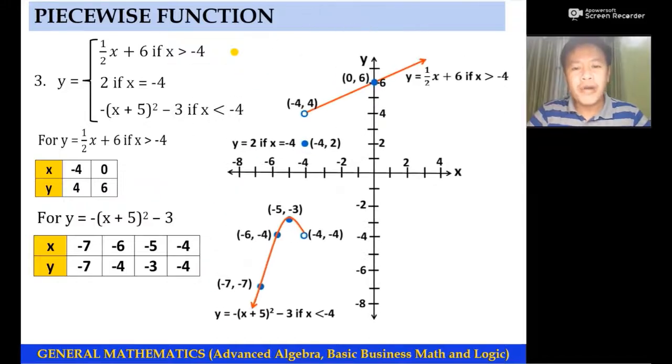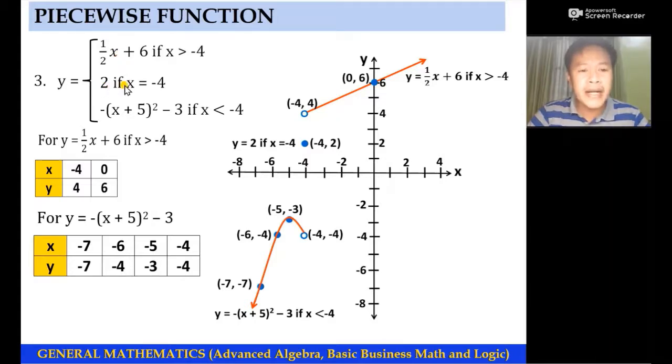This is the graph of the piecewise function given by y is equal to 1 half x plus 6 if x is greater than negative 4. And the second subfunction is y is equal to 2 if x is equal to negative 4. Take note, the first subfunction of this piecewise function is just a linear function.